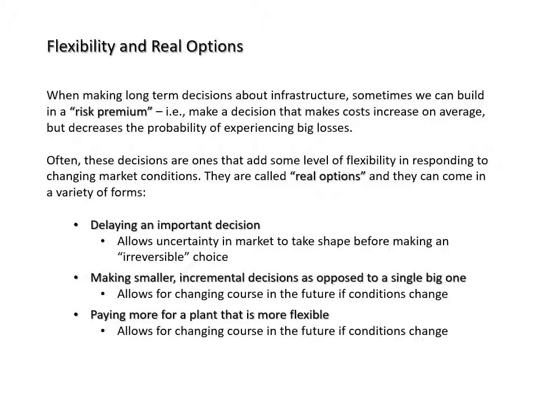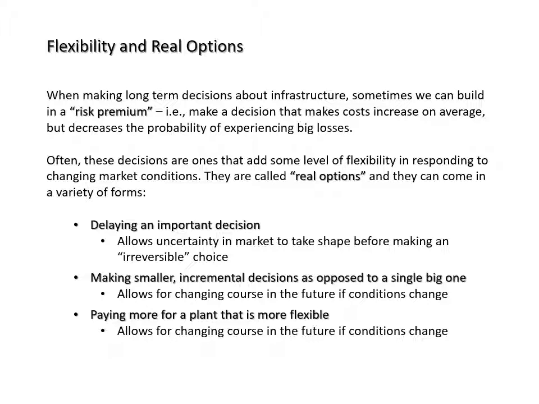So if we know that we would be willing to sacrifice some expected value, in other words, shift the distribution of possible outcomes to the left a little bit in exchange for shrinking the variance, in other words, we have identified some risk premium that we would pay, that can actually translate to specific decisions we make about infrastructure, and especially within the energy industry.